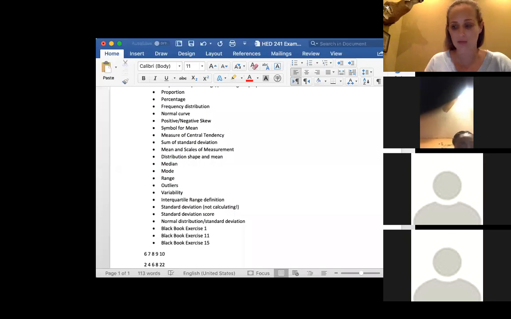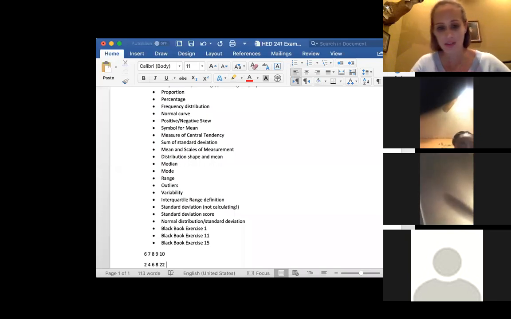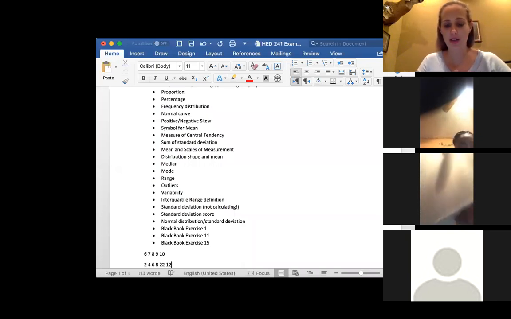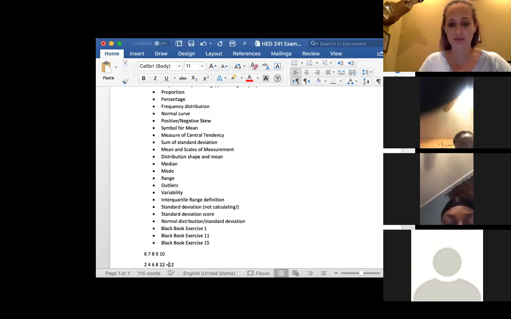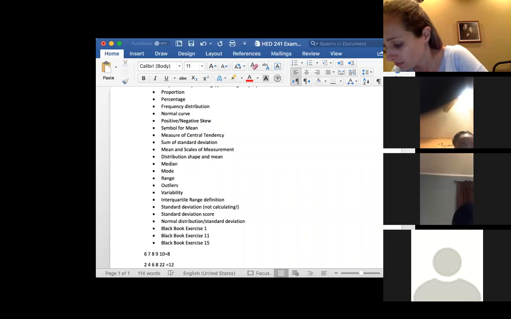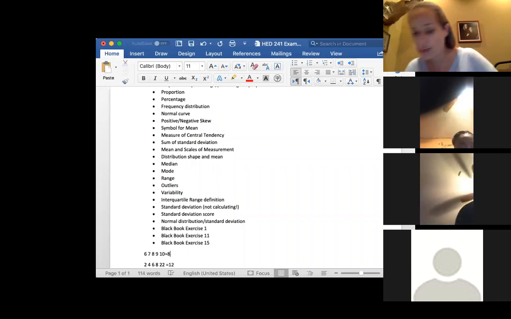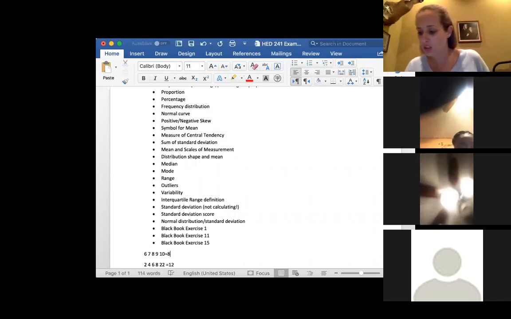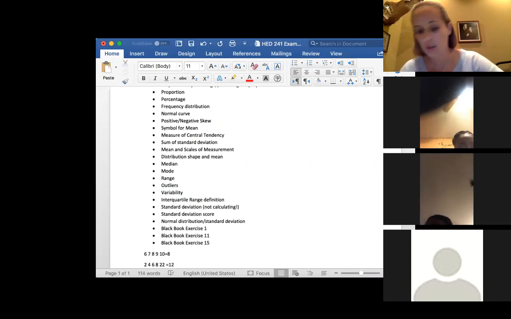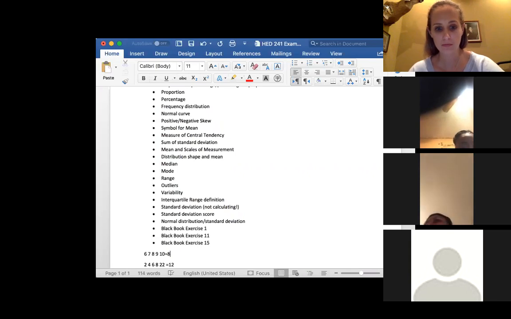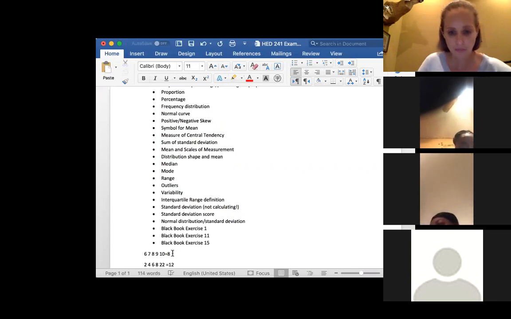Bigger. We'll say it's 12. This is 8, so we remember which one's which. So which one has a smaller standard deviation? It'd be 8, right? Yep, this top one. Did y'all see how we figured that out?